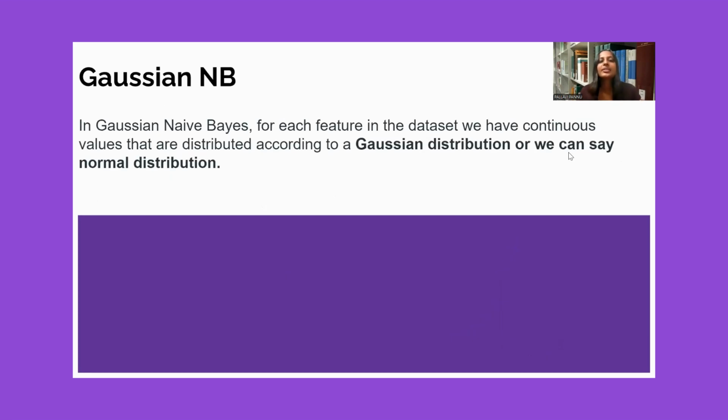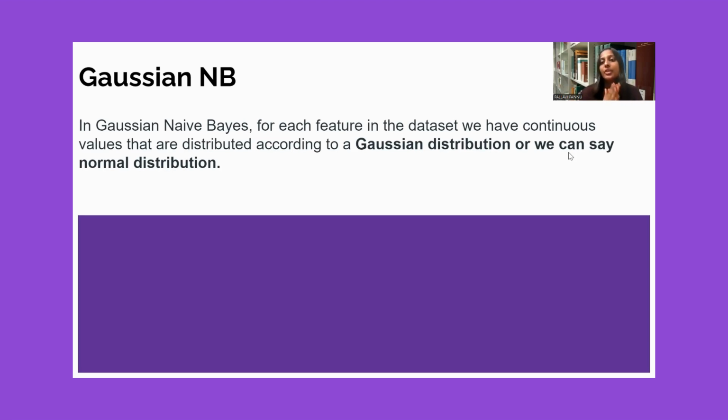In Gaussian naive-Bayes, for each feature, for example, we have a data set, right? In the data set, we have multiple columns. In the columns, we have values that are continuous, but how are the values distributed? Gaussian naive-Bayes says that the continuous values are distributed according to a Gaussian distribution, or we can say normal distribution.